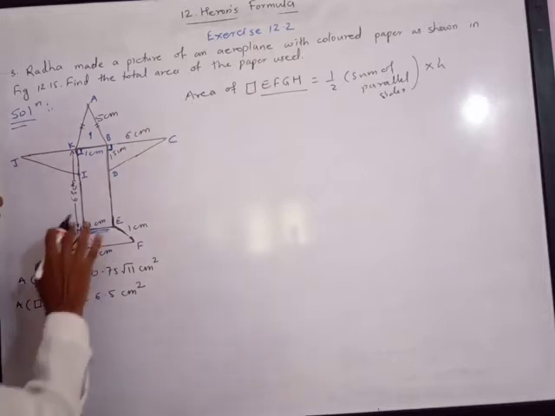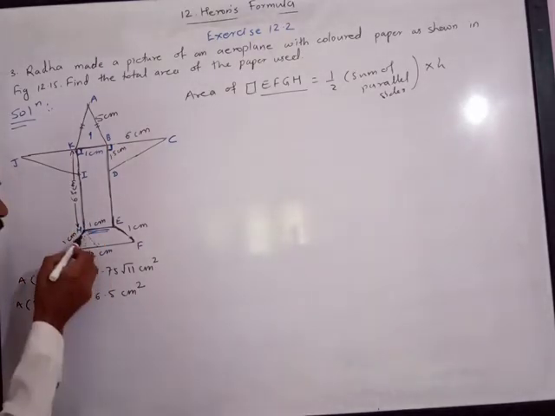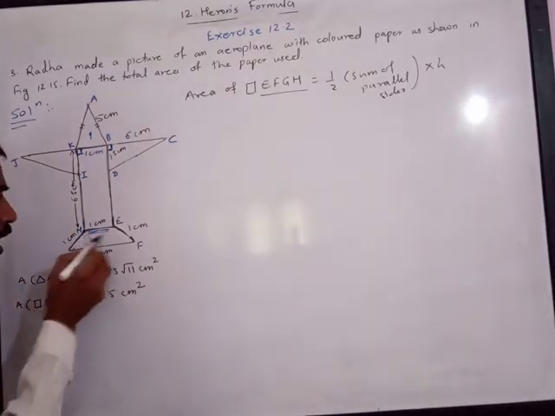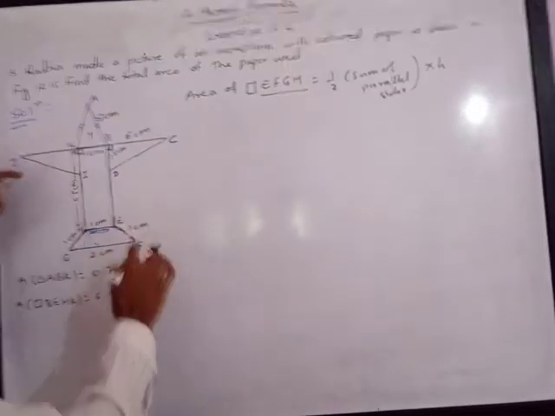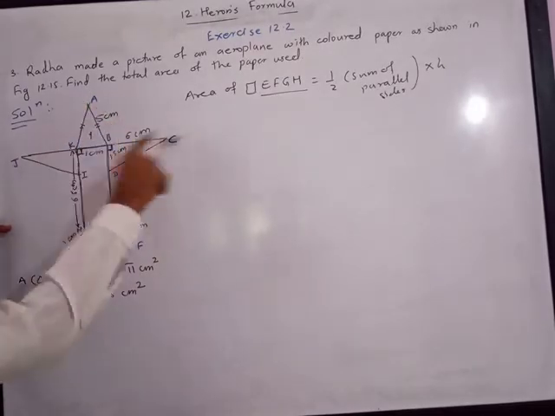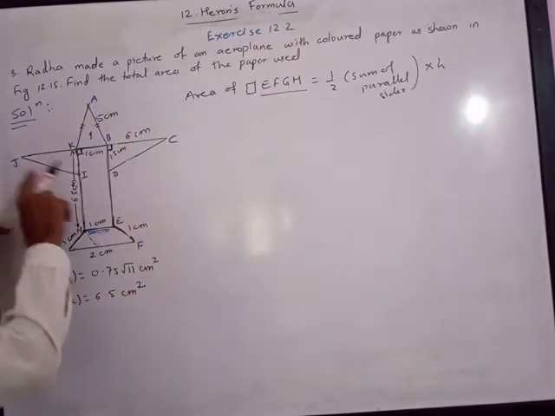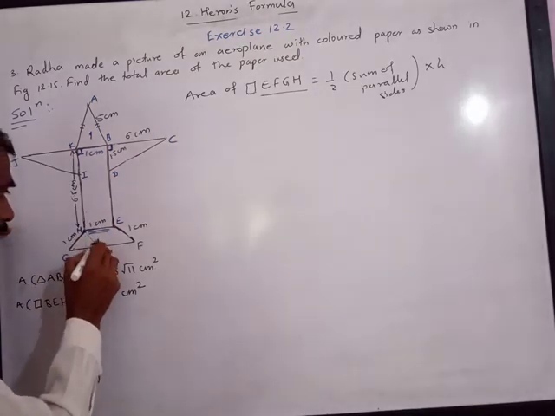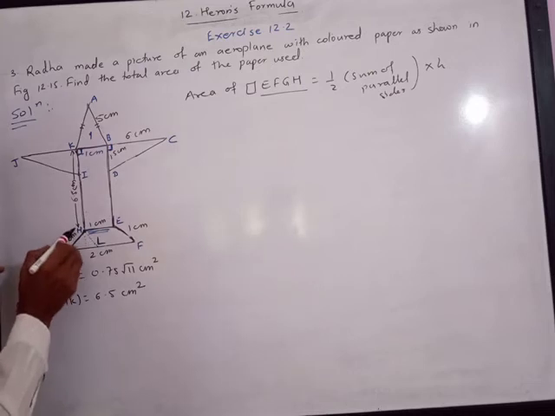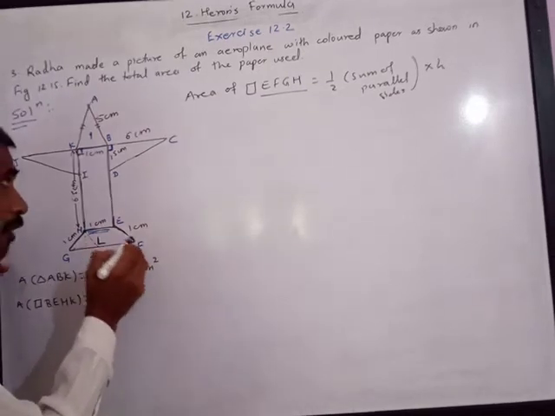So to find the height of the trapezium, we need to construct a line parallel to EF. We have come up to A, B, C, D, E, F, G, H, I, J, K. I will take this point as L. I am going to draw HL parallel to EF.